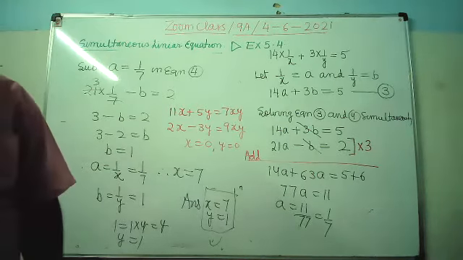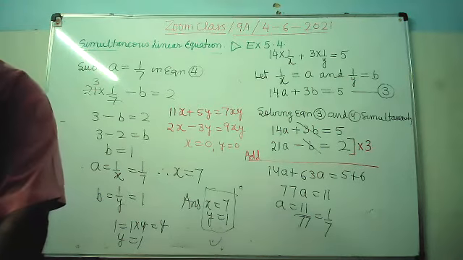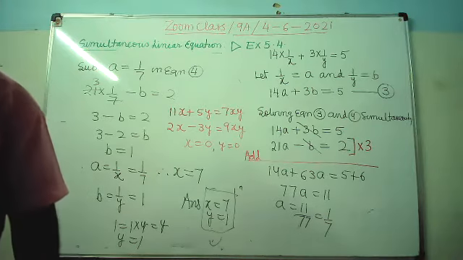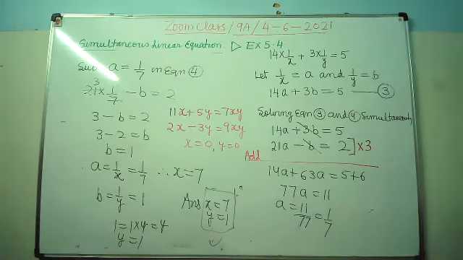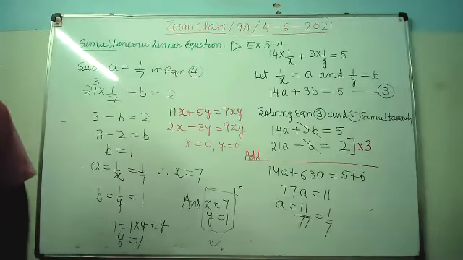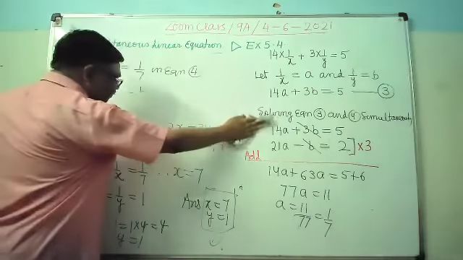Whether it is clear? Yes, sir. Now in question number 4 and 5, I am going to explain question number 5 first part. Here you have to solve the equation twice. You will solve twice, then you will get x and y.